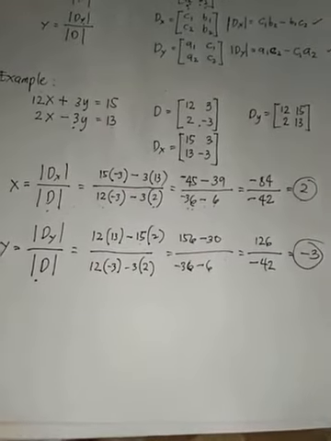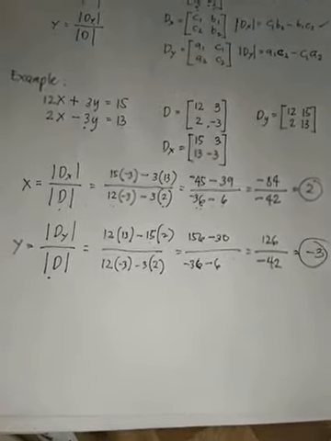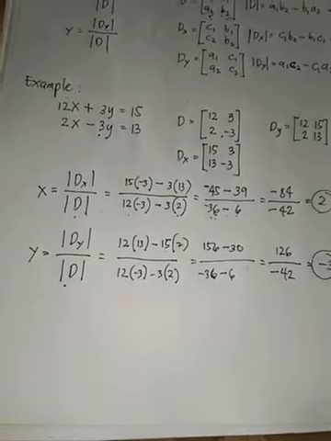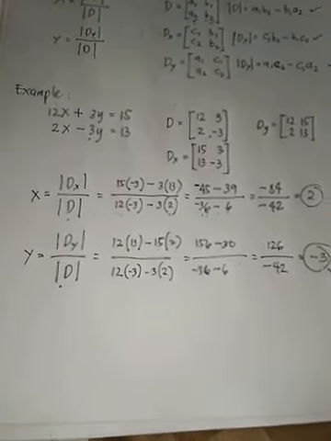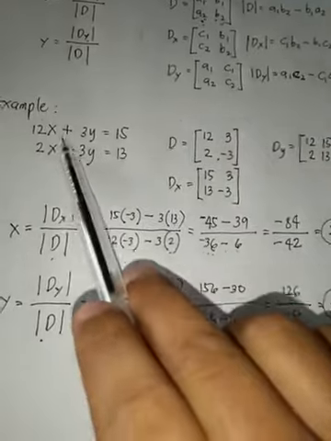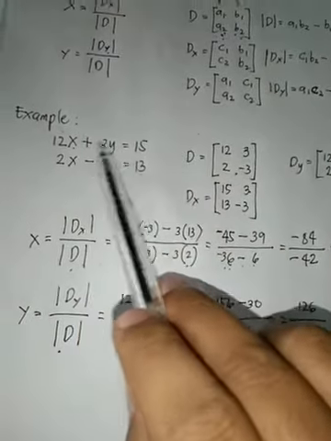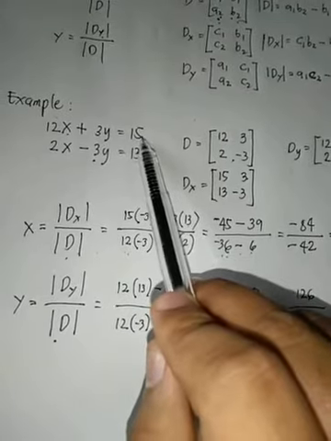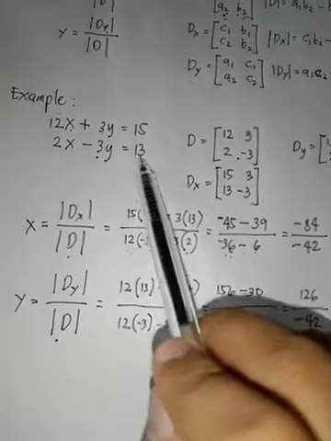Now, how do we able to know that this x is 2, y is negative 3 are both correct? Ang gagawin lang natin is simple, i-substitute lang natin dito. So, kung ano yung values ng x at saka y, dapat 15 ang sagot dito. Kung anong value ng x at saka y dito, dapat 13. So, let's have checking.